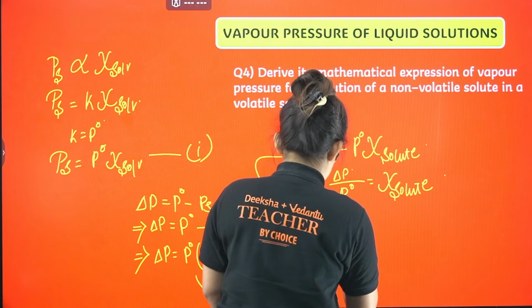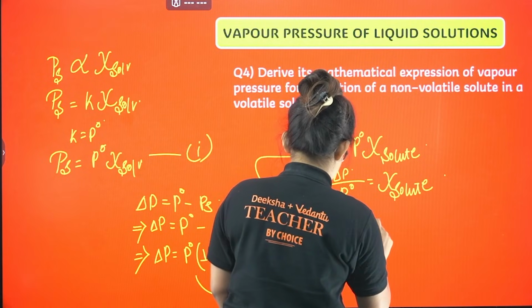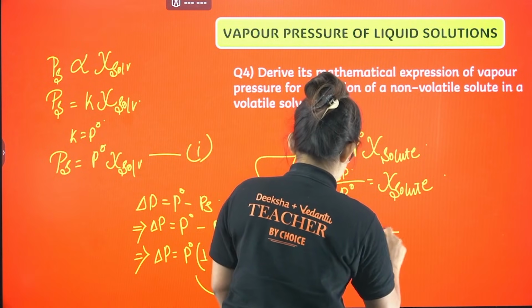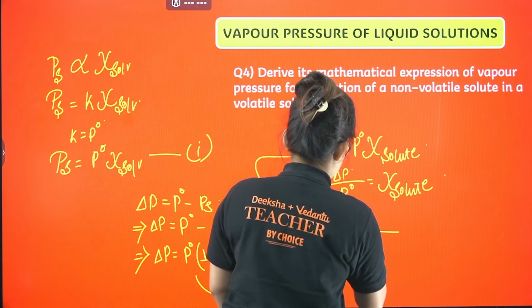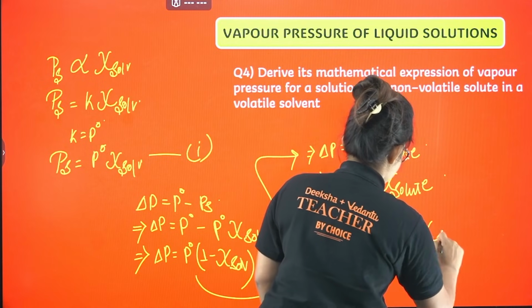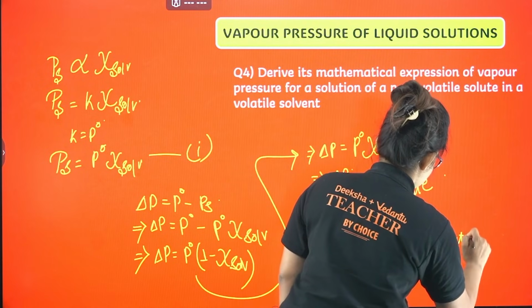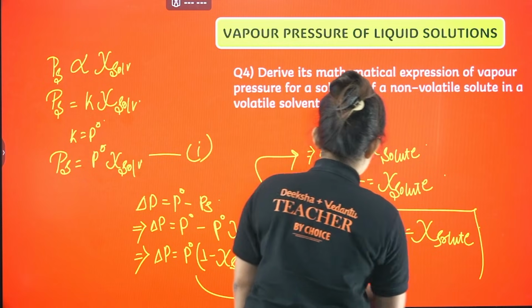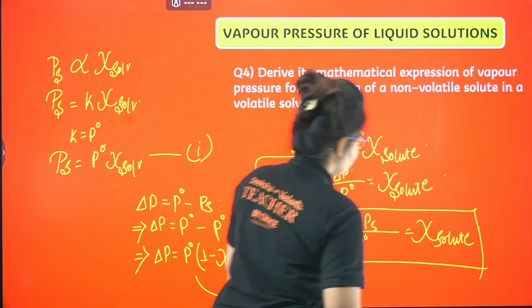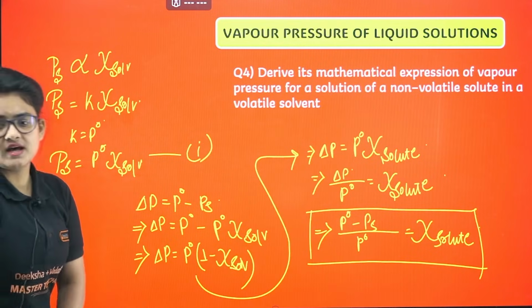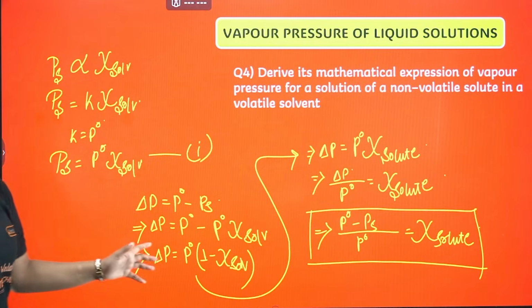So I can write P naught minus PS divided by P naught equals mole fraction of solute. That is nothing but the relative lowering of vapor pressure. So this is what they are asking you to derive. I guess it's clear.